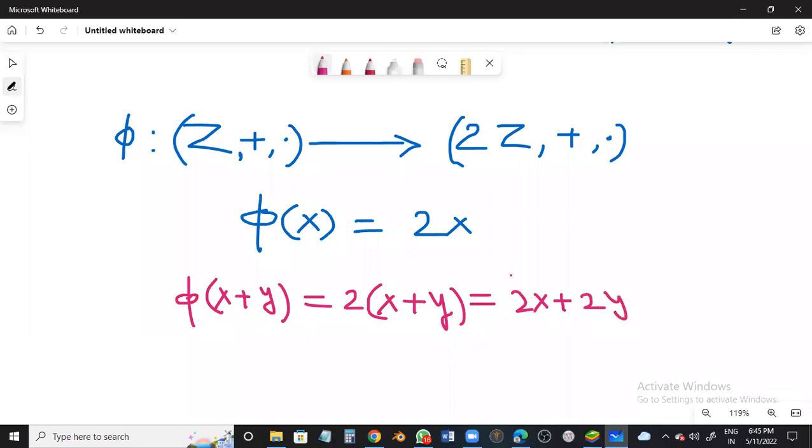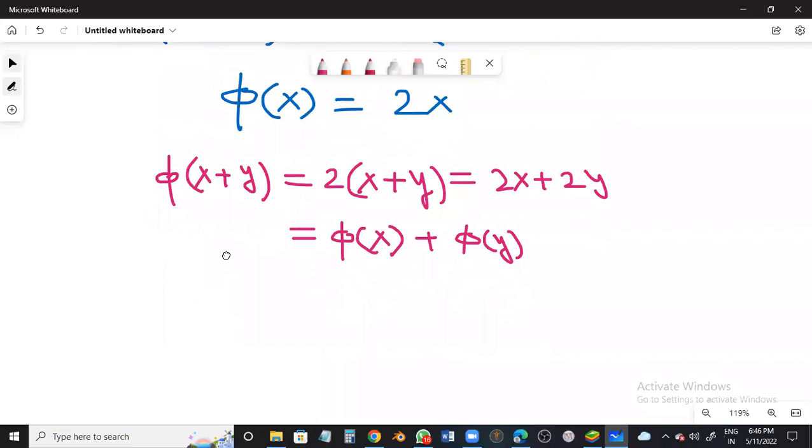Now, can I read this 2x as the image of x? Yes, I can call 2x as phi of x, and the image of y as phi of y. So what I observe is phi of x plus y is phi of x plus phi of y, meaning phi preserves addition.